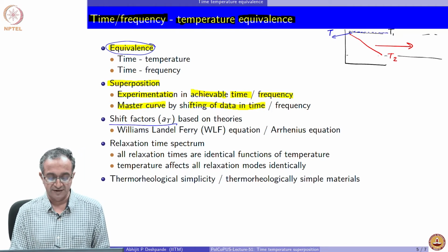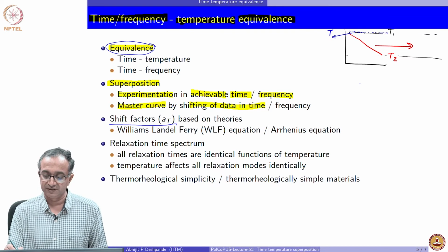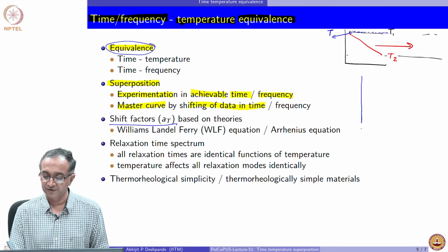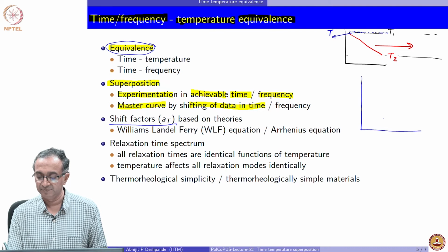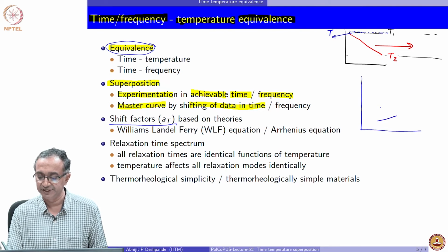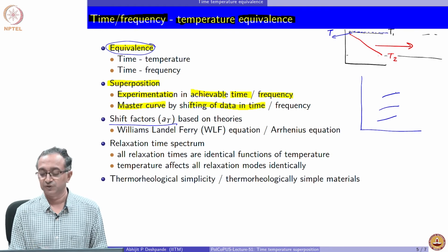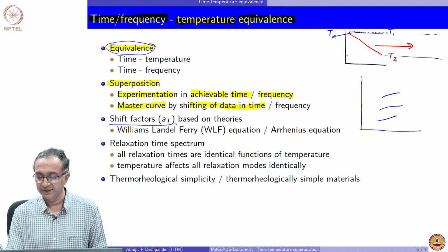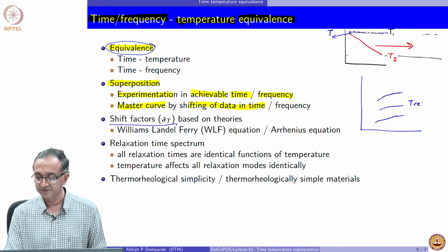and so how much we shift by is a shift factor, and generally what happens is let us say in case of frequency we will get maybe data like this. I will just show 3 sets of data, and so what we end up doing is shifting so that all these 3 superimpose on each other, and let us say this is the reference temperature.